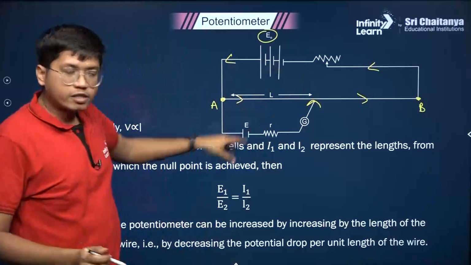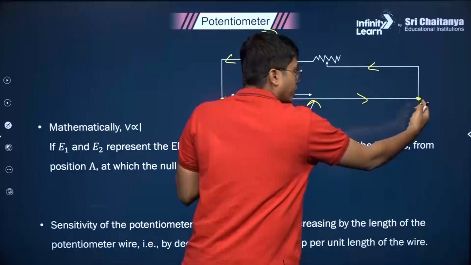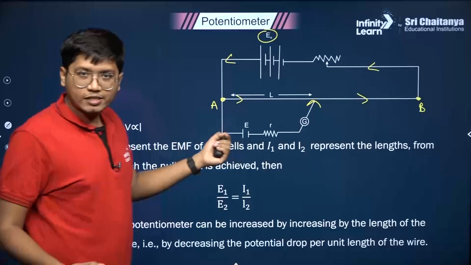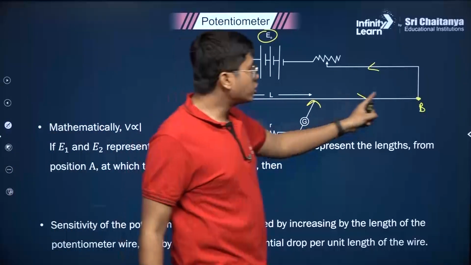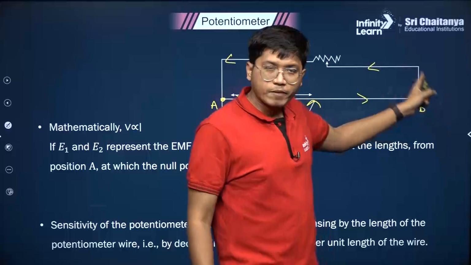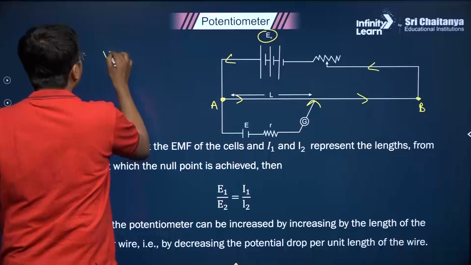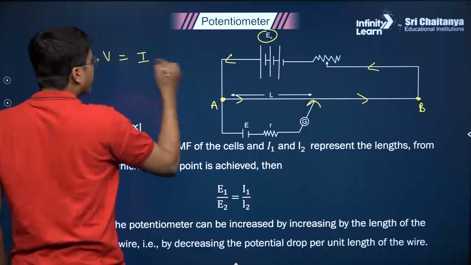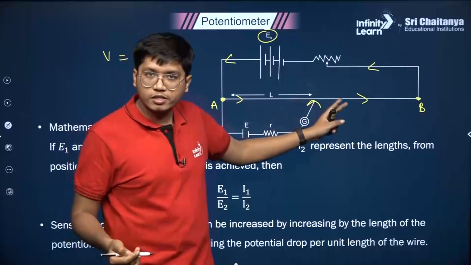Because the current is passing through the wire, and because this wire has a resistance, there's going to be a potential drop across the length of this wire. And the potential drop would be V is equal to I into resistance, current into resistance.